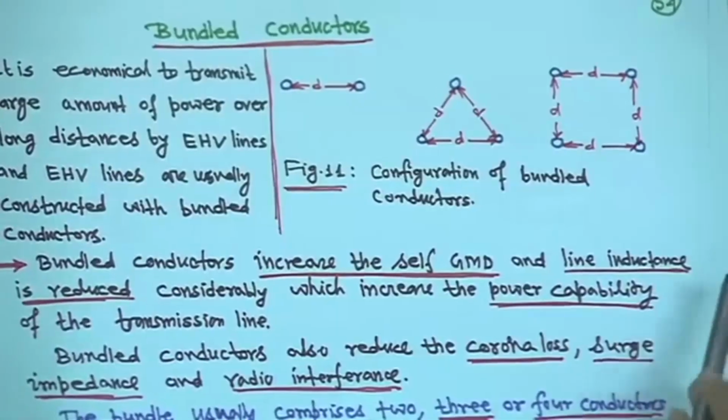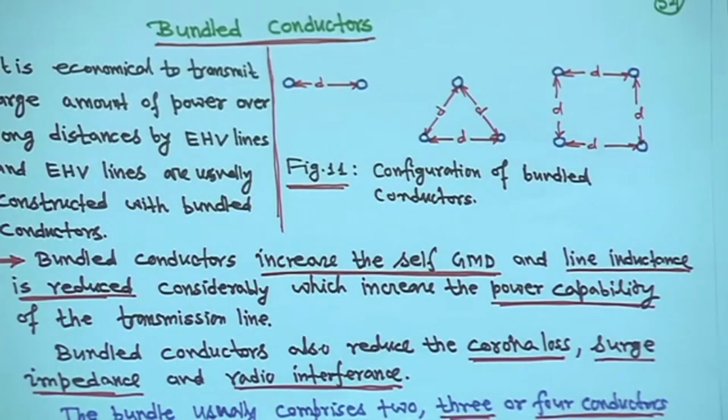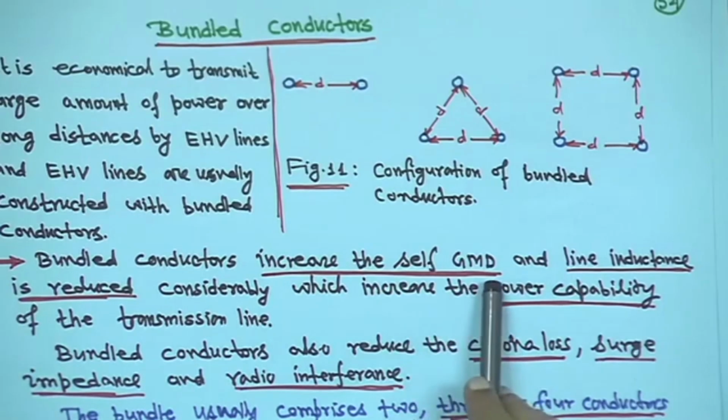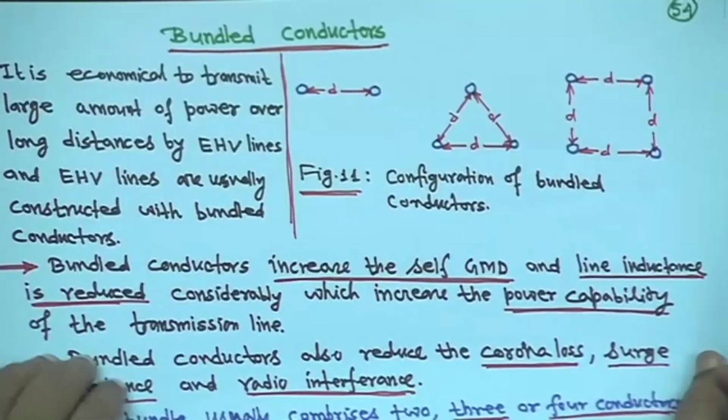For EHV transmission lines, generally they use bundle conductors such that the self GMD increases and line inductance is reduced, with increased power capability of the transmission line, because if inductance is less, then reactance will be less and the power transmission capability will increase.